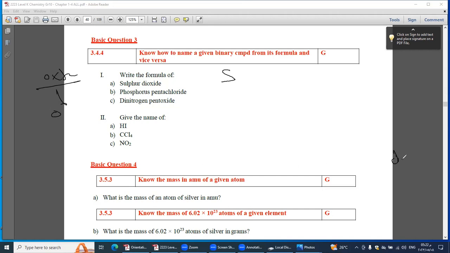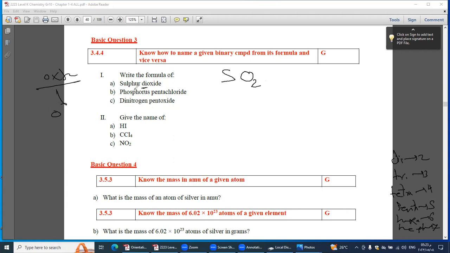Di refers to 2, tri 3, tetra 4, penta 5, hexa 6, hepta 7. So for example, sulfur oxide, O, dioxide, O2. So again, sulfur dioxide, SO2.